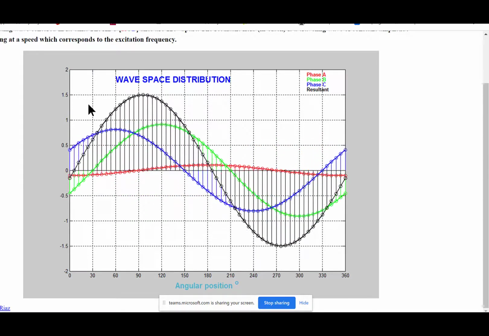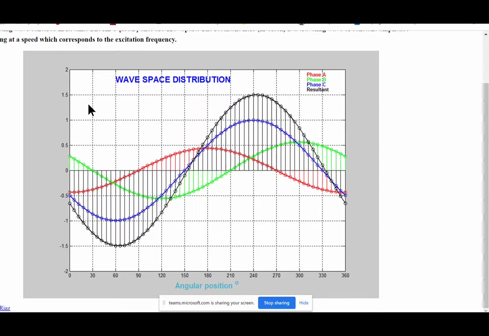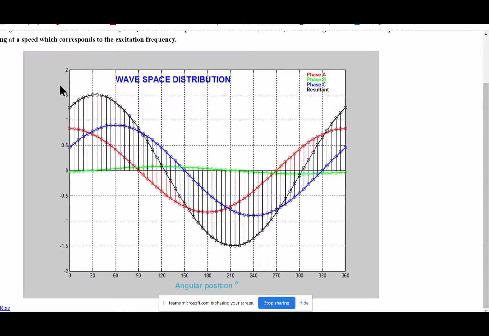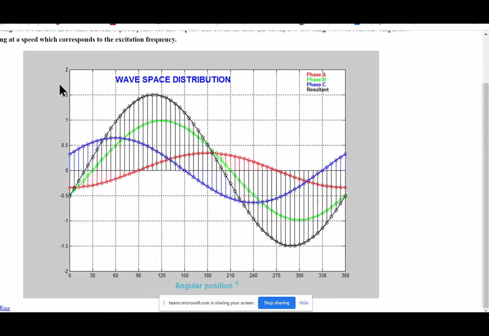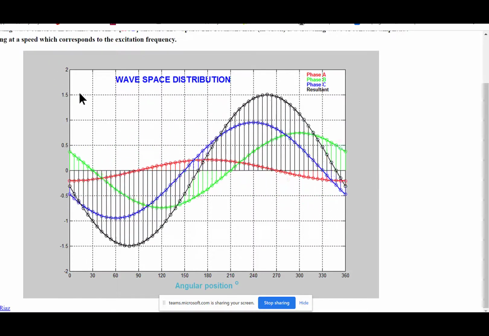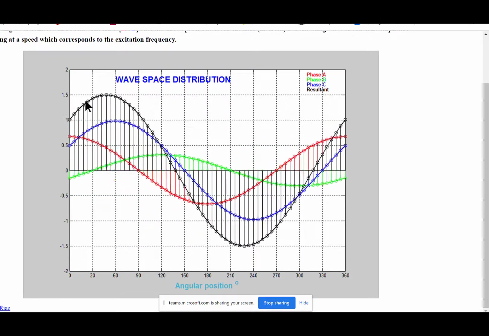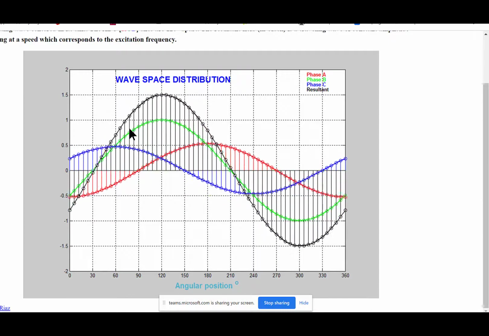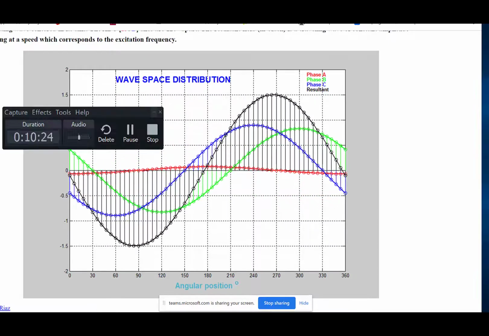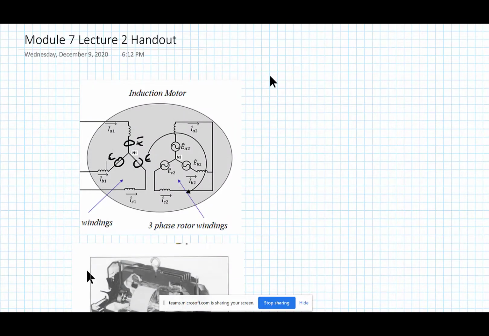A lot of times people talk about positive sequence and negative sequence. For those of you who've had power classes, you can break things up into positive and negative. There's some loose relationship here in that the positive sequence relates to the movement of the field in the polar domain.